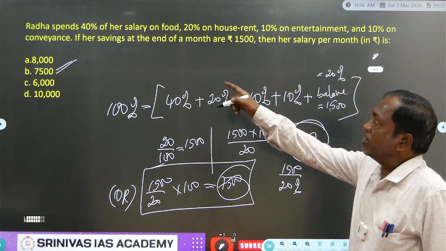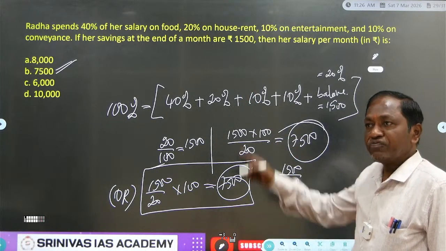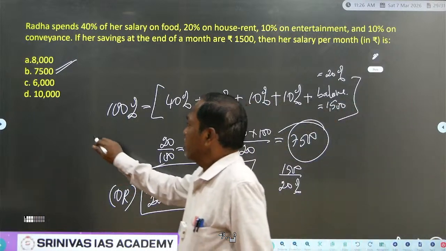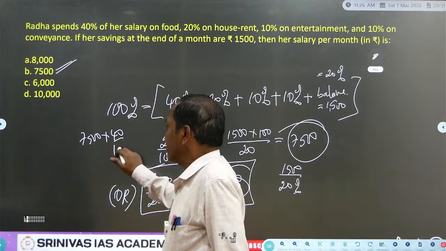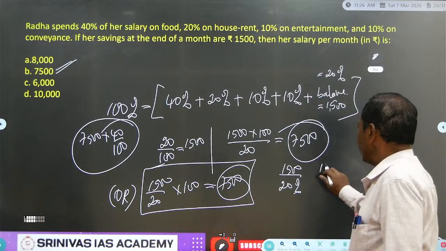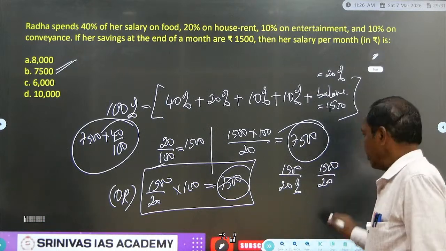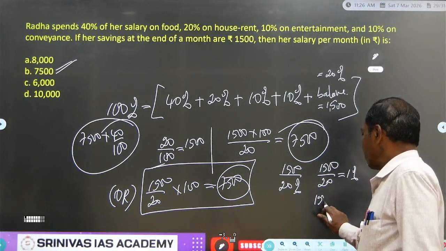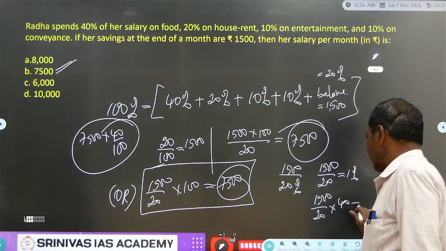How much money is spent on food? That is 40%. We take the 7,500, then we calculate 40%. Instead, what you can do is 1500 divided by 20, you will get the 1% value. If you do this, 1% is what? So 1500 by 20 into 40, you will get like this.